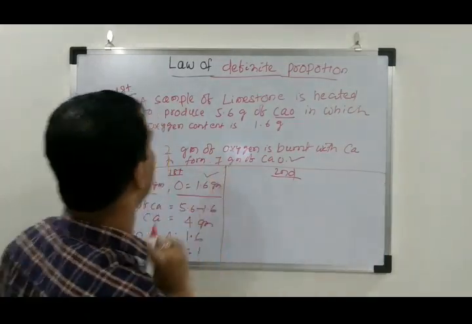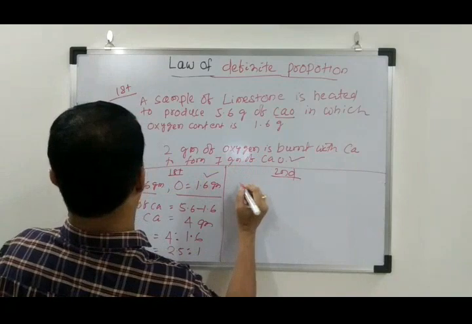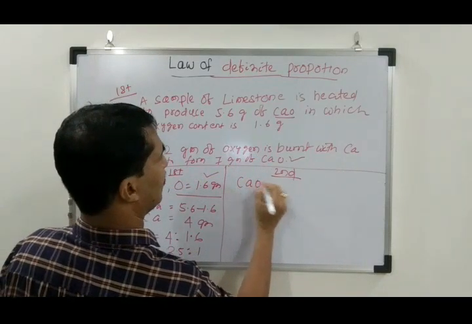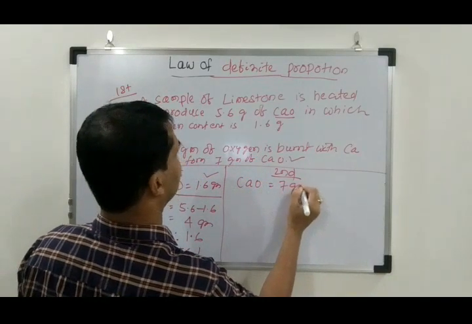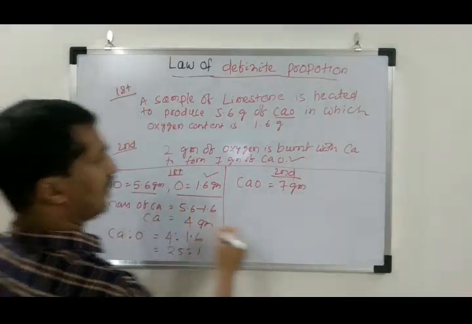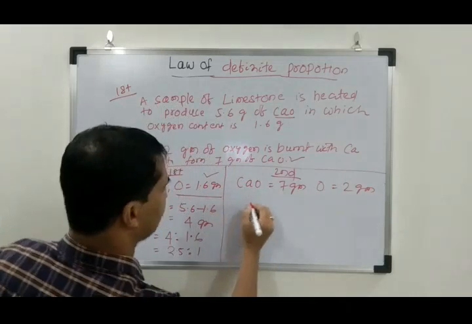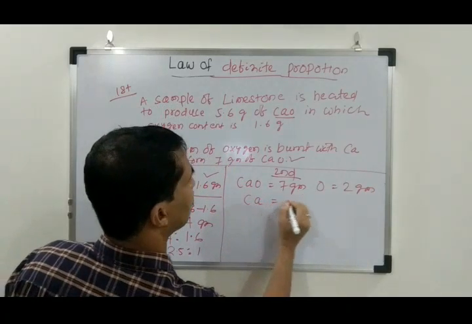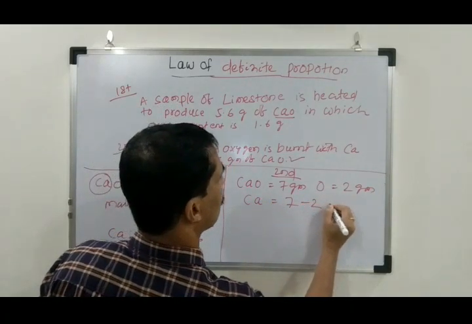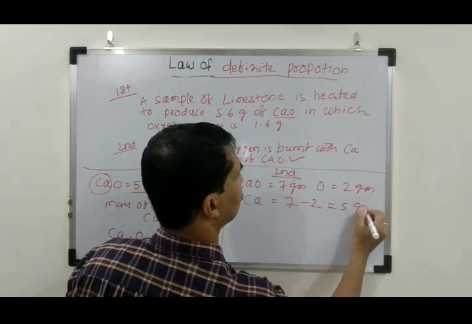Let us see in the second part, how much calcium oxide is given? It is 7 gram. How much oxygen is burnt? 2 gram. So what is the mass of calcium? It is equal to 7 minus 2, which is equal to 5 gram.